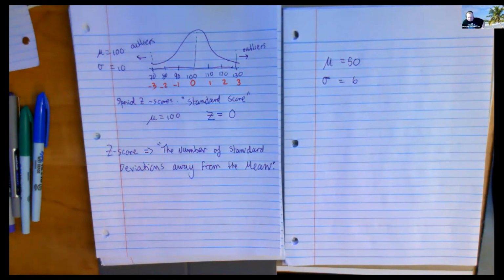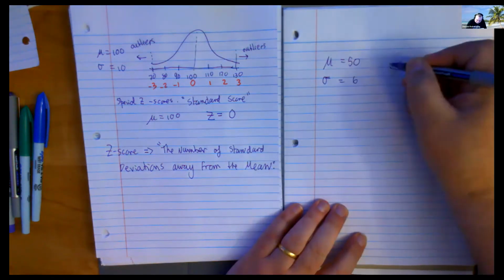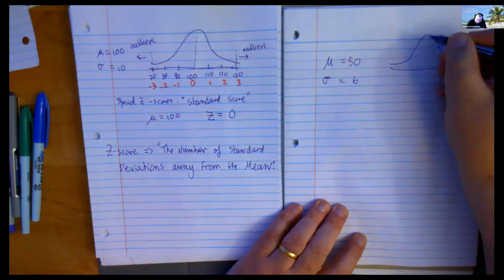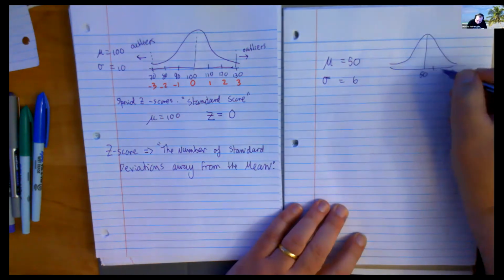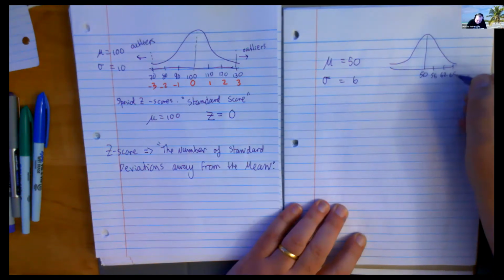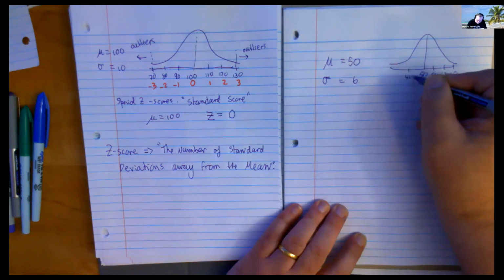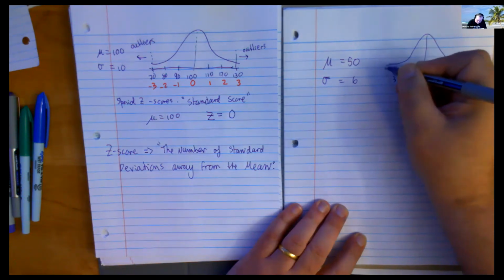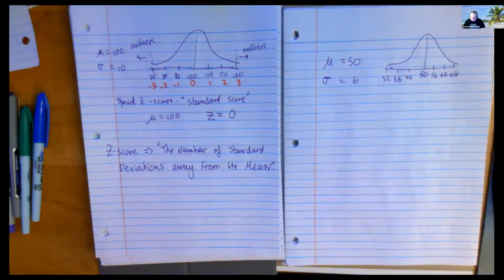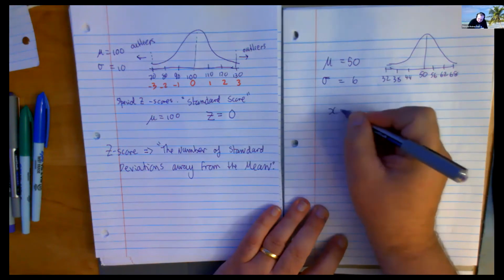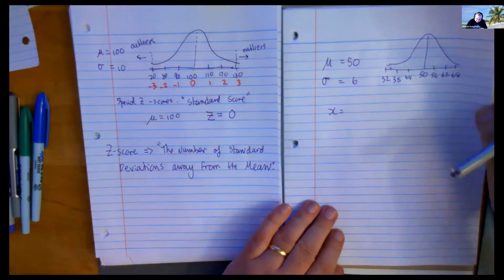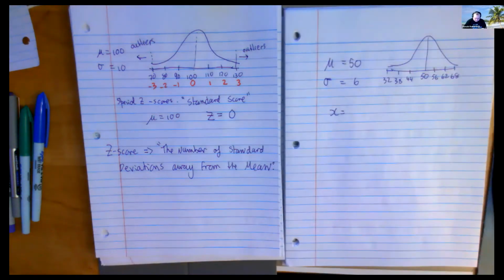So this is the distribution, and the mean was 50, and it was 56, 62, 68. Going this way, it'd be 44, 38, and I think 32, right? So that's what the picture would look like. So here's one of the questions. Somebody got a score. Oh, darn it. Pretend you can't see that. Hide it.